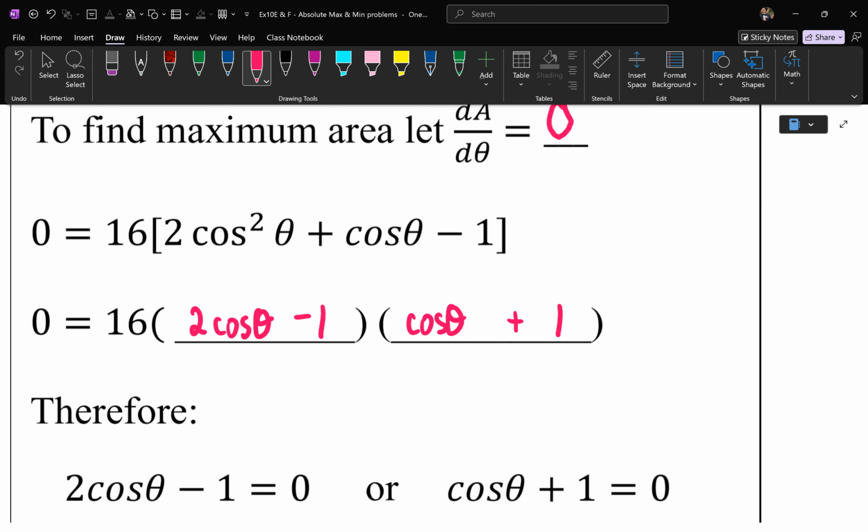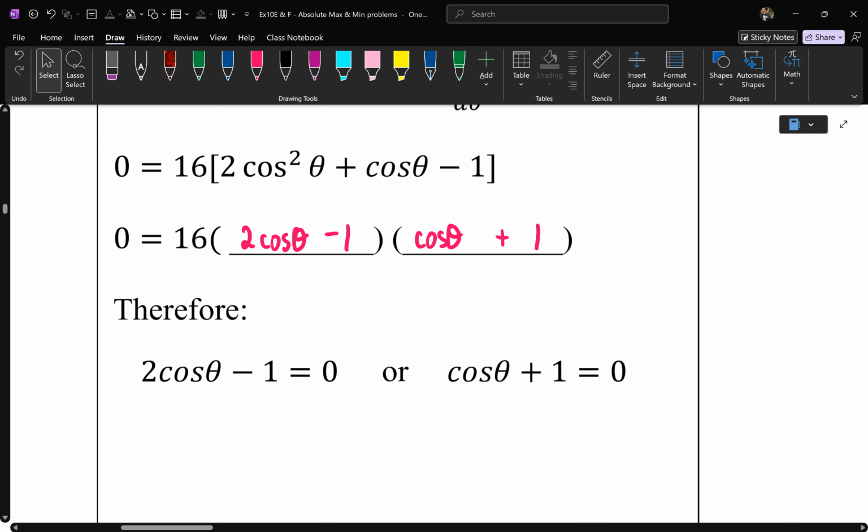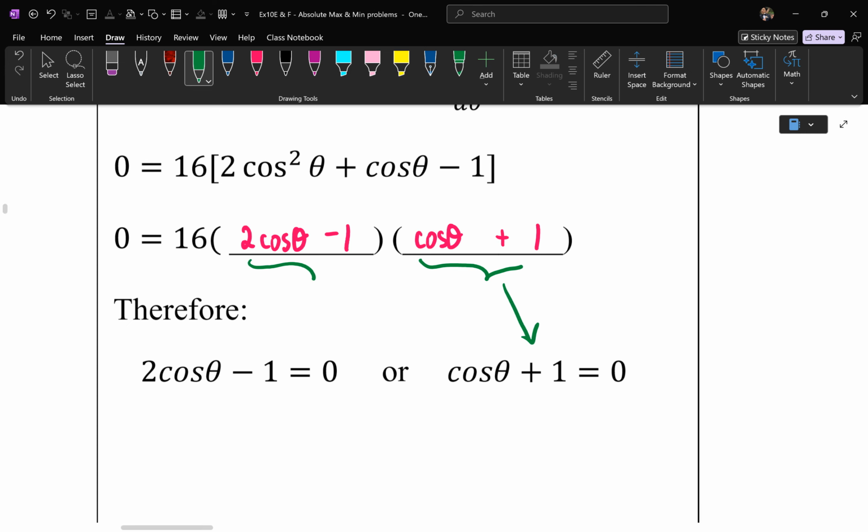Yes, that works out. That's how I got this bit. Cos theta plus 1 is equal to 0, or 2 cos theta minus 1 is equal to 0. Solve for it. You then have cos of theta is equal to half, or cos of theta is equal to negative 1.